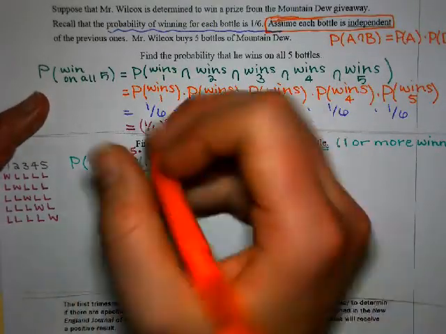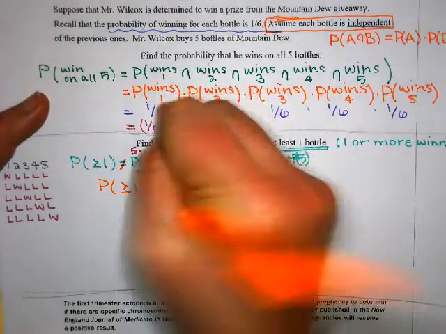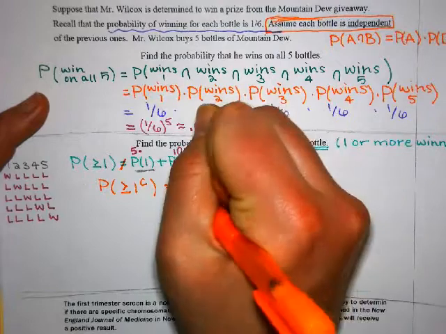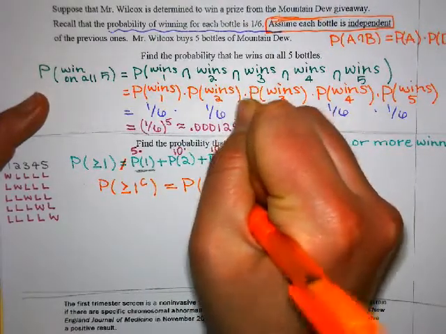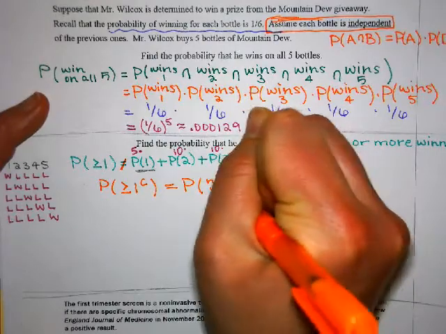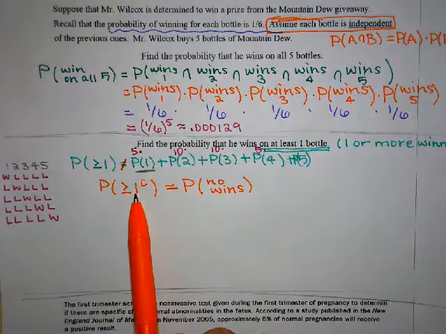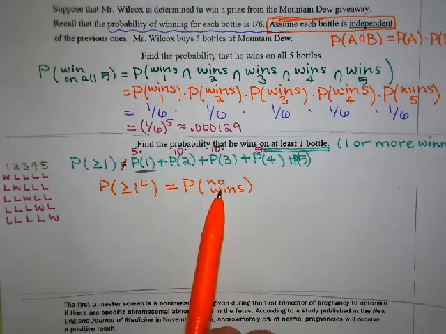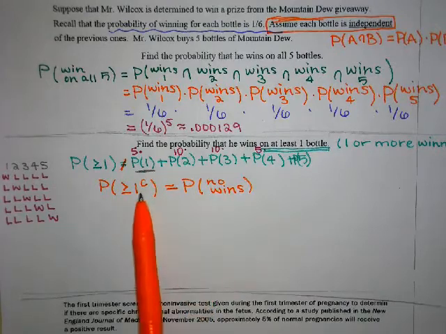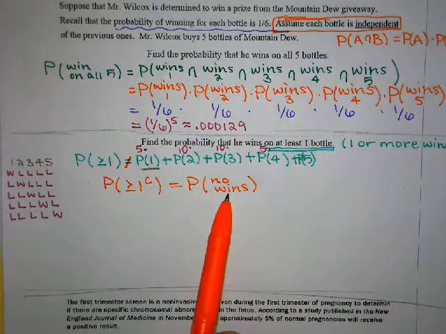So the probability of at least one complement would be the probability of no winners. Everybody agree with that statement? The complement of at least one is no wins. At least one winner, complement, no wins.